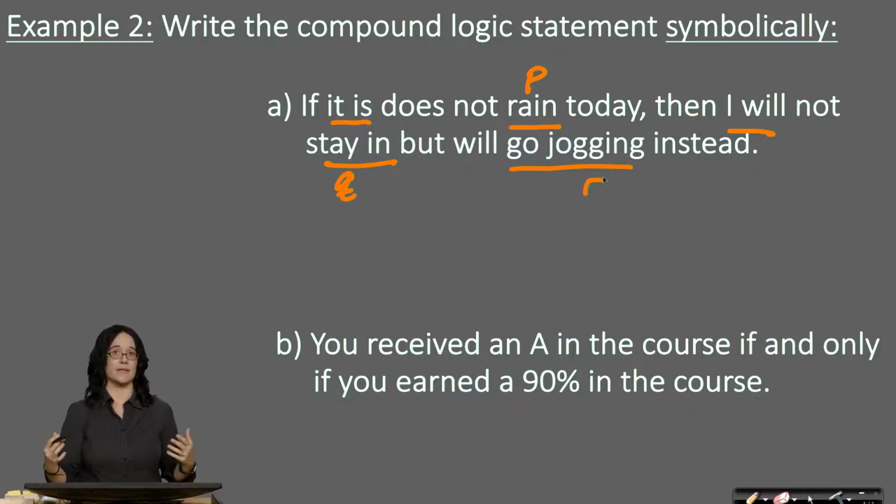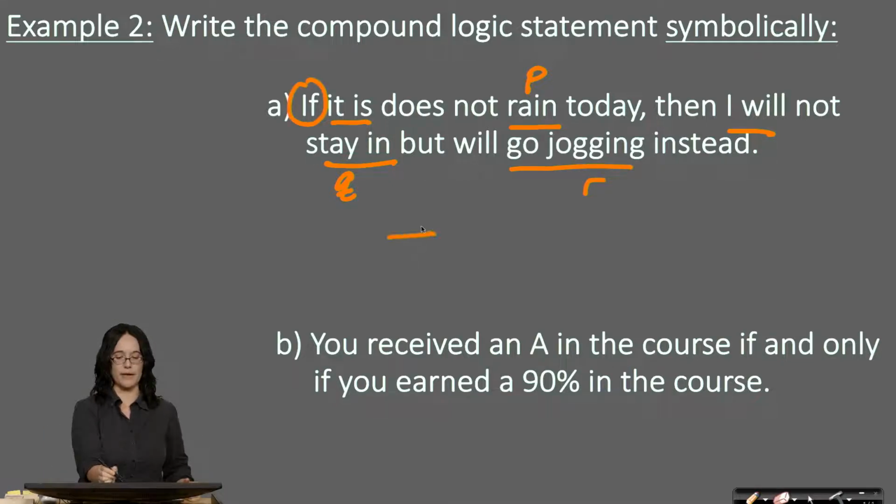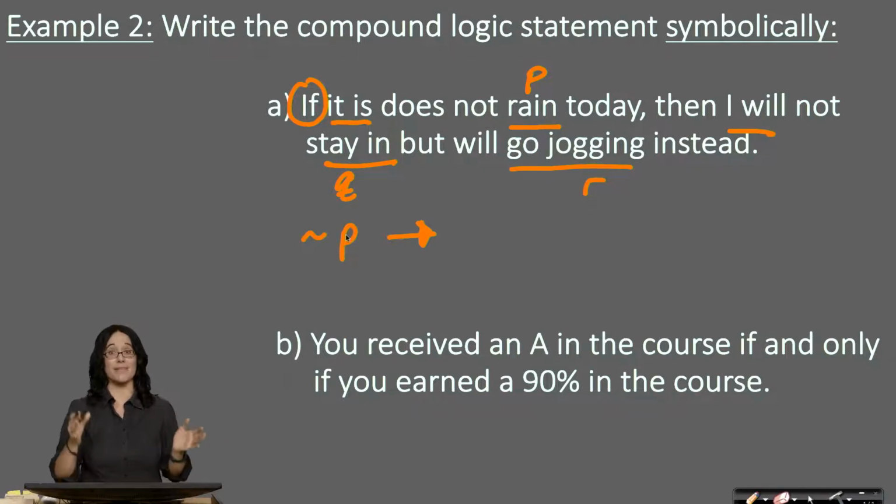How could I write this into a symbolic statement? Well, because of the if-then, I'm going to need an arrow pointing to the right, right? That's my if-then symbol. So if it does not rain today, so not just P, but negation of P, if that happens, something else should follow. Well, what should follow? It looks like after that comma, everything else goes together. So we're going to put parentheses around everything else that's coming.